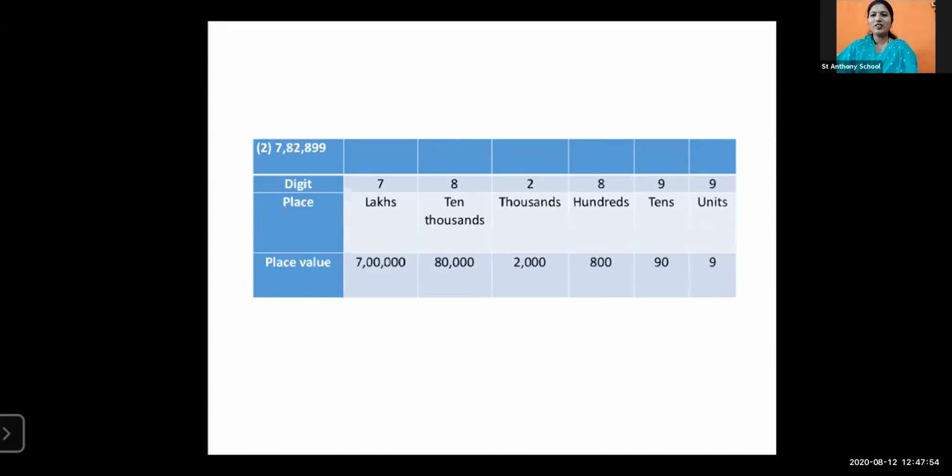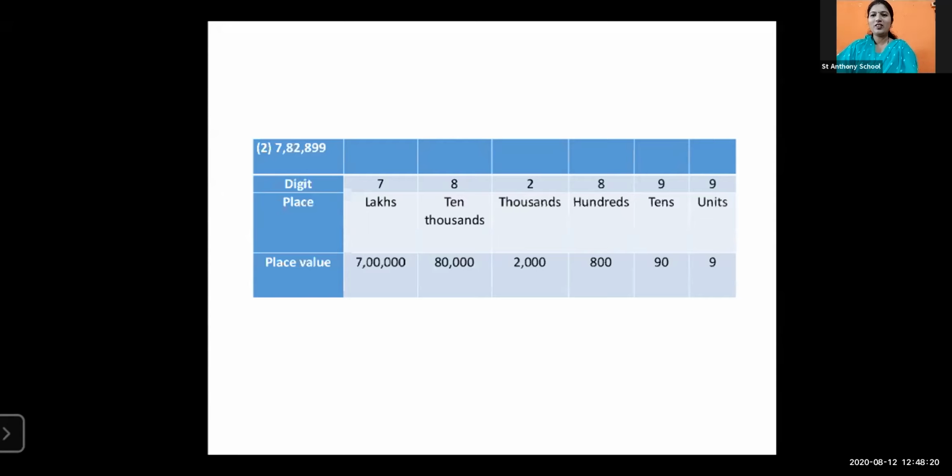Again, place value of these numbers. 9 is on unit place, so place value is 9 only. Then 9 is on 10 place, so its place value is 90. Because उसके बाद में सिर्फ एक ही digit आ रहा है, so we are giving the 0, so its place value is 90. Then 8 is on the 100 place, so its place value is 800. 2 is on the 1000 place, so its place value is 2000.